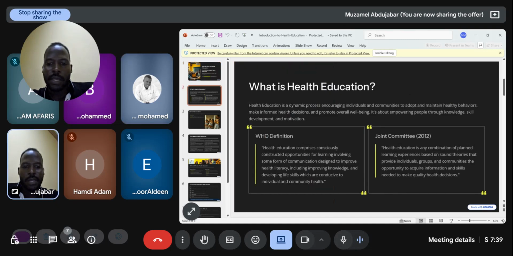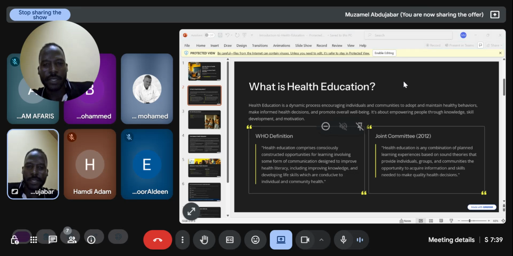Let us see the definition of health education. As I mentioned here, it is the process of encouraging communities and individuals to adopt positive behaviors that can help them take good decisions and promote their health.